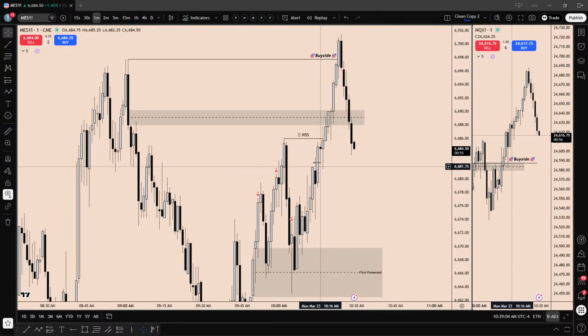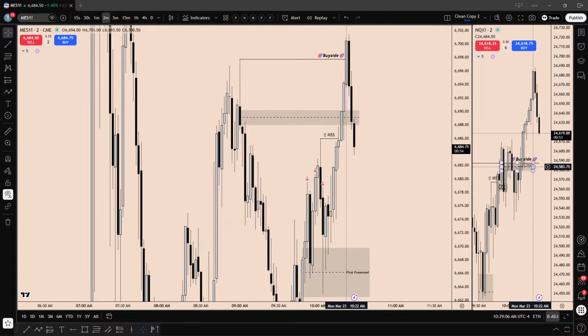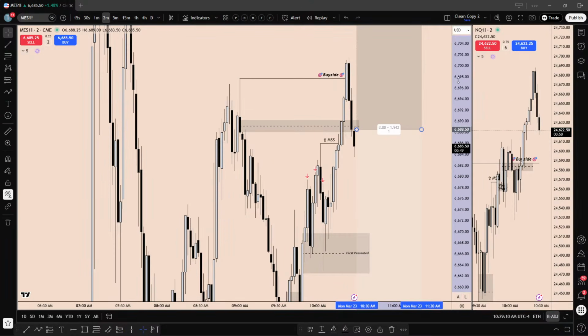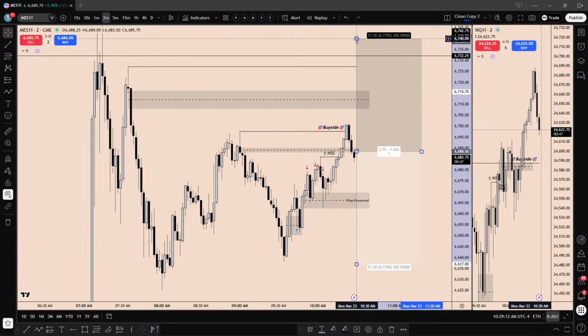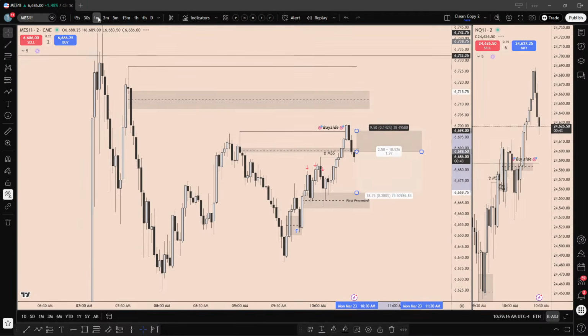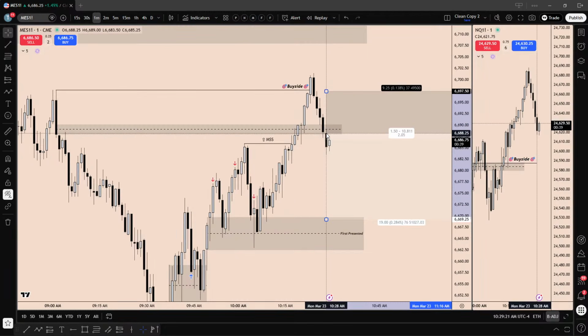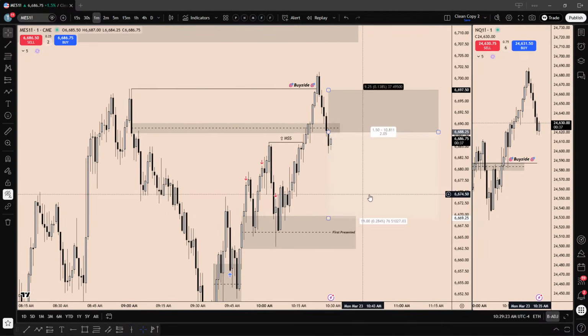Volume imbalance. Okay, so I'd actually like to see that hold there. If we can't go 2 minute, we'll tape read that, see if we can't start working back down into the range now. At least first presented midpoint. Left a little 1 minute fair value gap here. See if something like that can't play out.